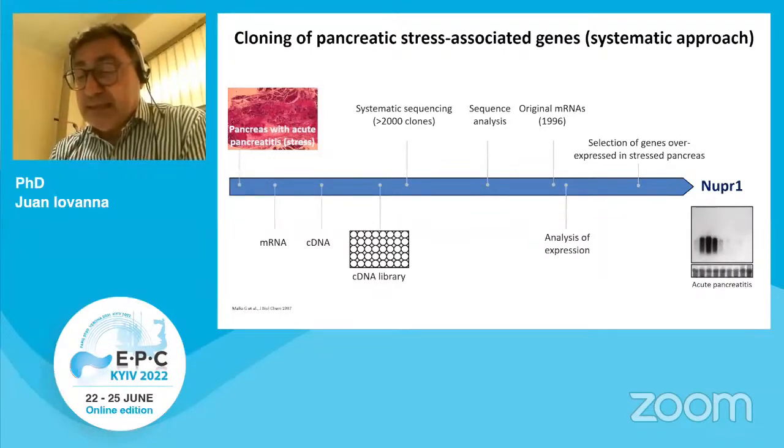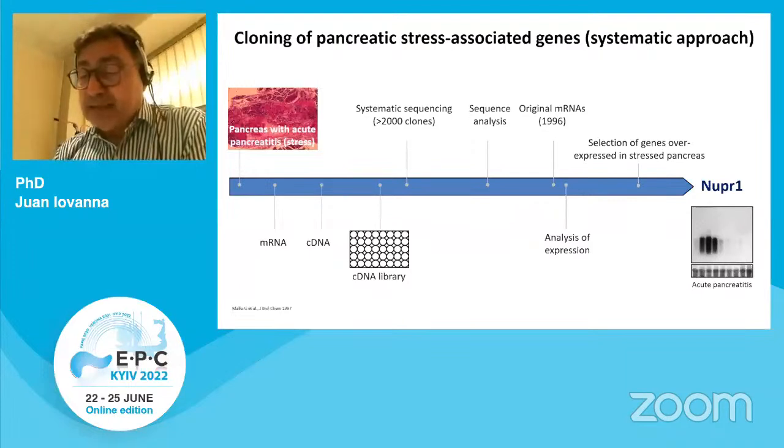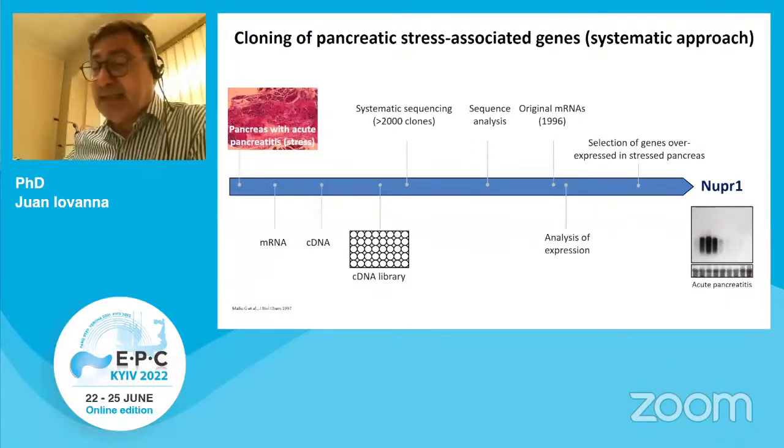We systematically studied the expression of all these new genes and selected NUPR1, which showed a rapid, strong, and transient activation during pancreatitis-induced cellular stress. My talk will focus on the results we have obtained with this gene as a target to treat pancreatic cancer.